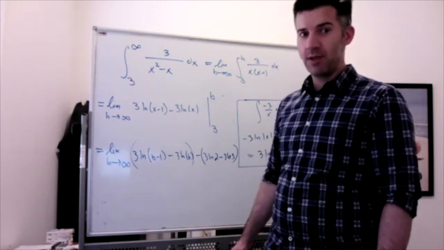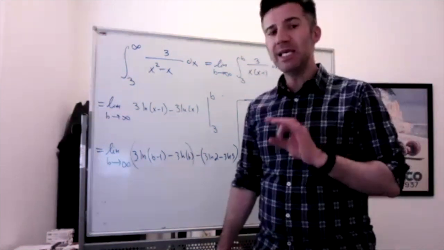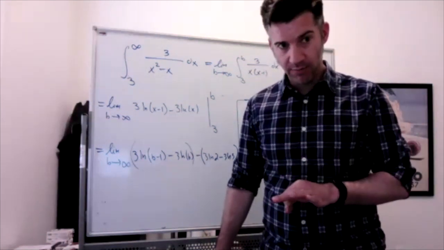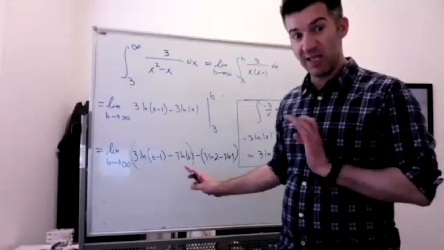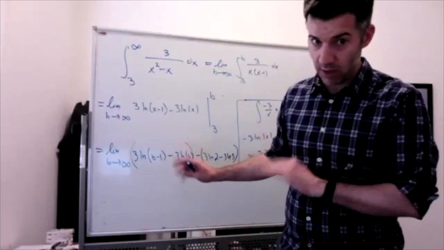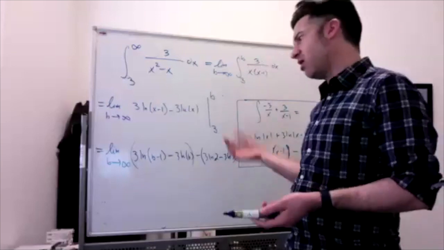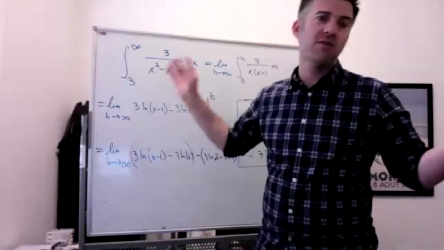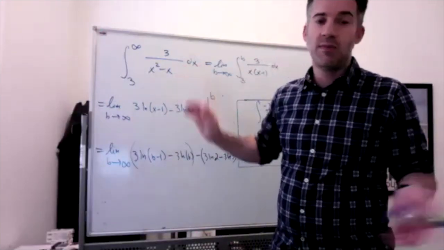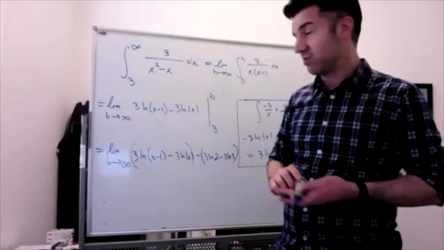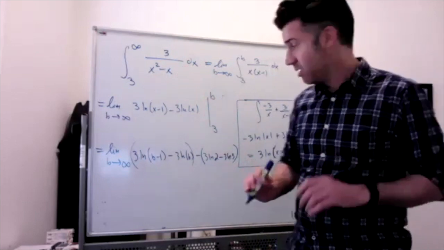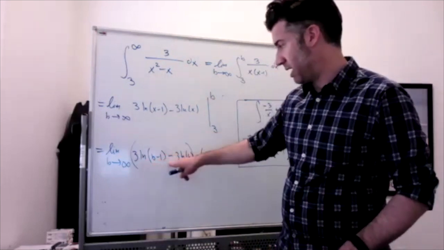It does. And so it would be easy to make a mistake here and say that this thing diverged. It does not diverge, but it's very easy to say, oh, I've got infinity here, it's divergent, I'm done. But that's not exactly true, because what we actually have is infinity minus infinity.